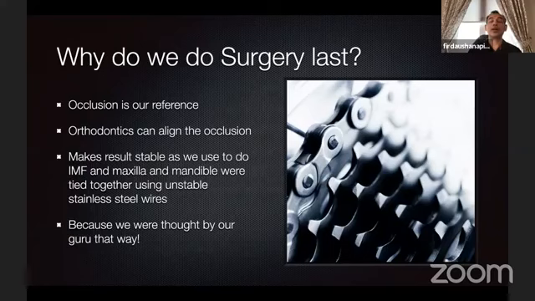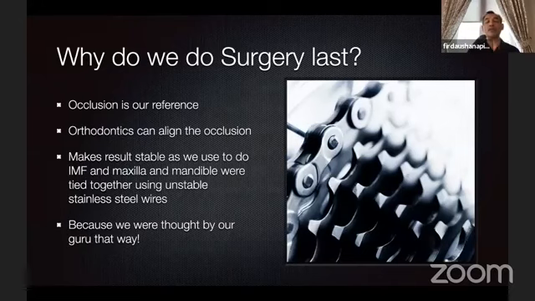A lot of the working plans are done by the orthodontist. So the orthodontists have to work with the surgeon, and I still believe that the orthodontists have the first and the final say in any orthodontic surgery, because the occlusion is the reference. Orthodontics can align the occlusion to a point where we can actually plan for the surgery.